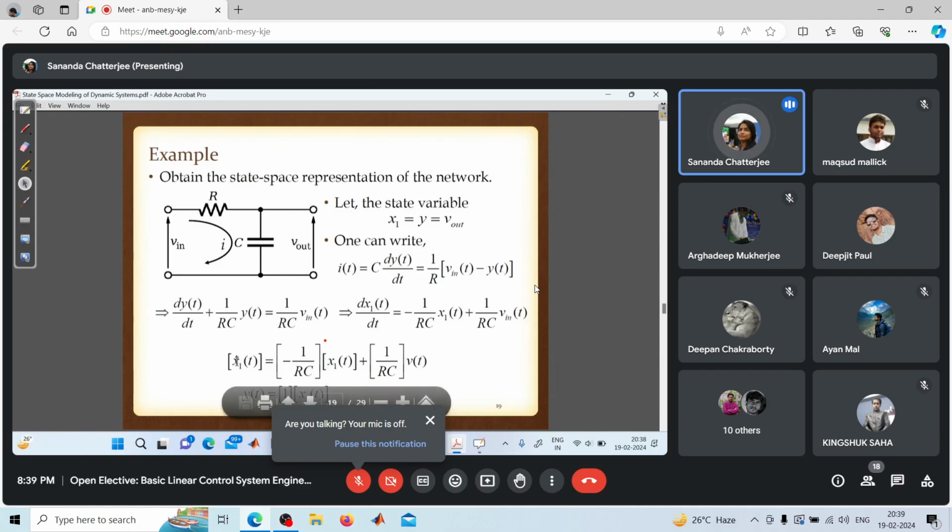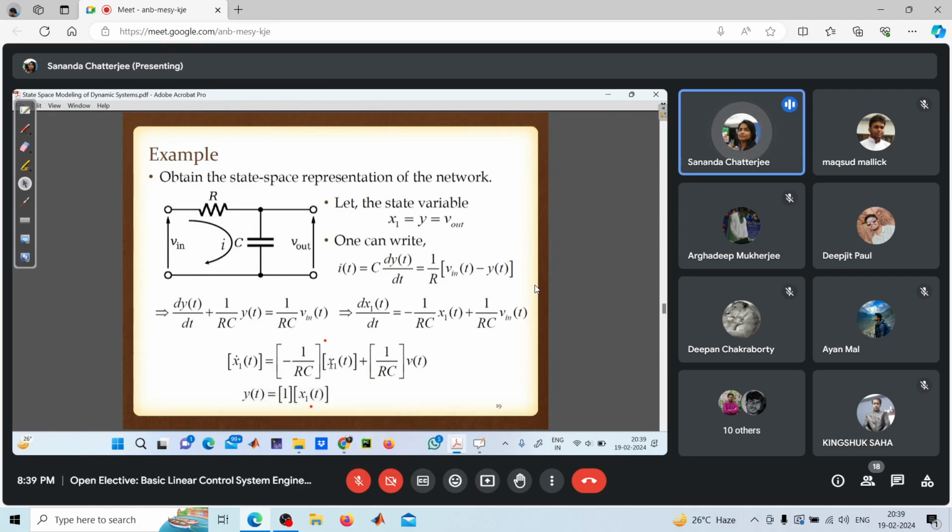So what you get is the change in the state, that is the change in this V out voltage, will be minus 0.5 into x(t) plus 0.5 into v(t). So now you can simulate how this x(t) will change if you provide an input of this amplitude. You get it?